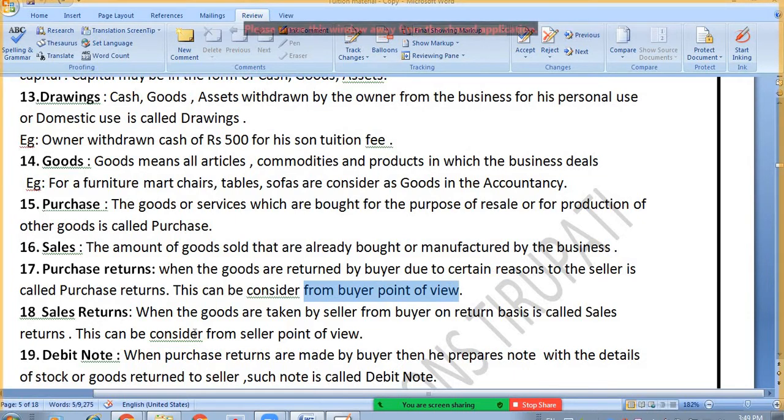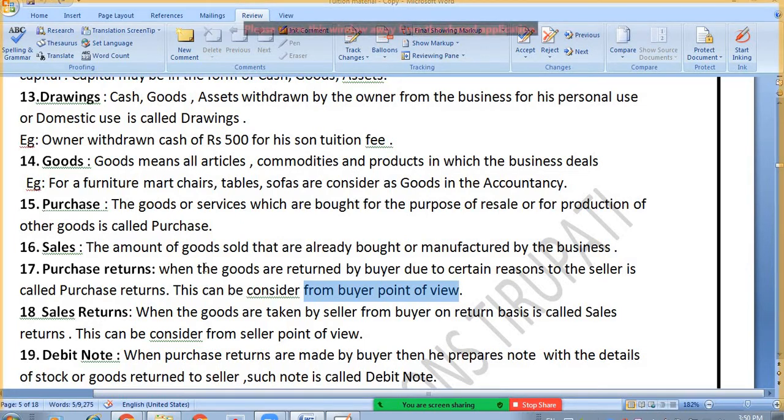Sometimes the goods we purchased may be damaged or of lower quality than required, or there may be leftover stock. All are reasons for returning goods to the seller.